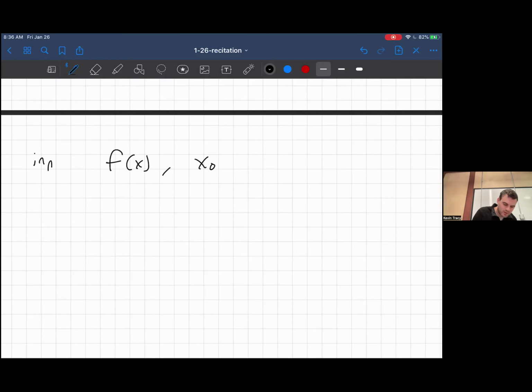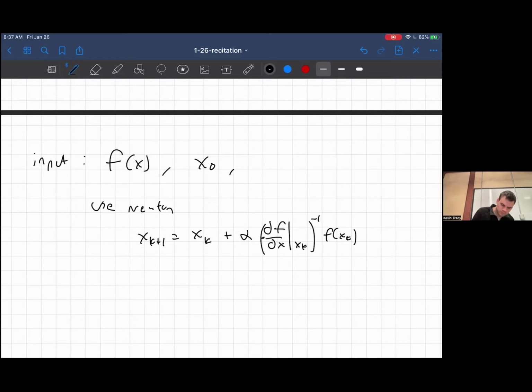So if I do input these things, use Newton, and then we're going to solve this when we have some convergence criteria.